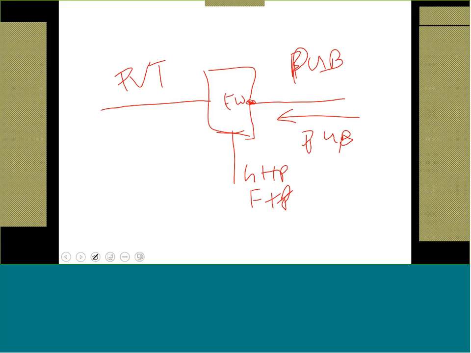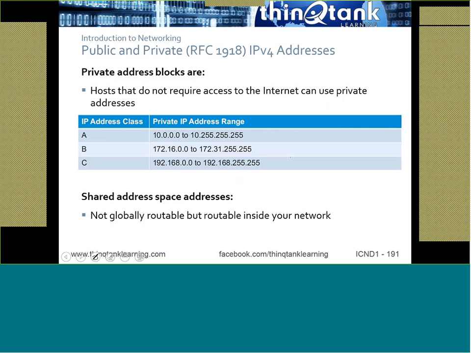Now, this HTTP server has a private address, but you have rules in this firewall to say public address 1 translates to this private address. So if somebody wants to talk to that web server, they're going to go to that public address, and that's going to get converted to the private address of that web server. Now, of course, we're getting off track here, but we do have an entire chapter on network address translation. So we're going to see all these concepts about translations a little bit later on.